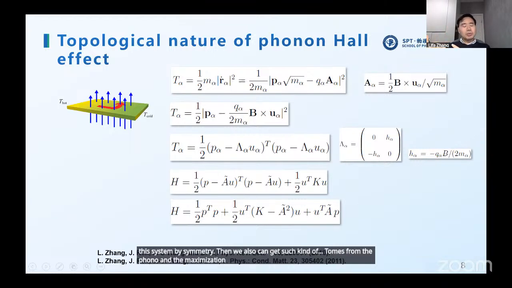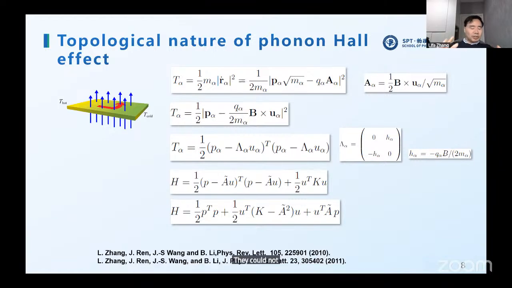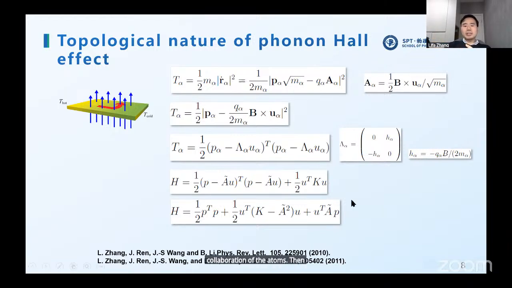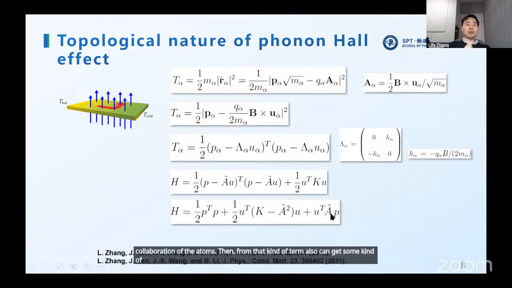And we can also get this term from another picture, because when the relation is violated, the electrons of the atoms will be affected by the vibration of the atoms. From that kind of term, we can also get such spin-phonon interaction terms.